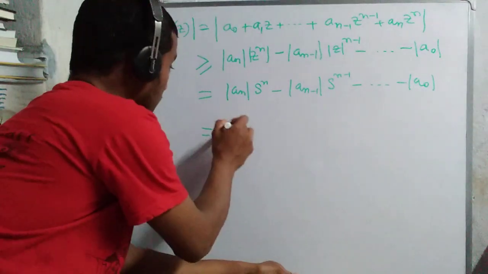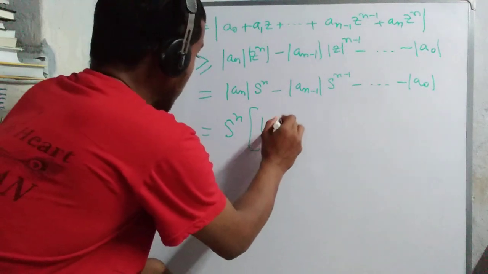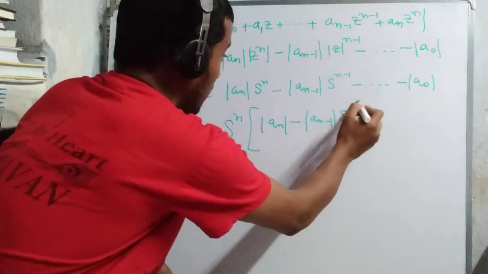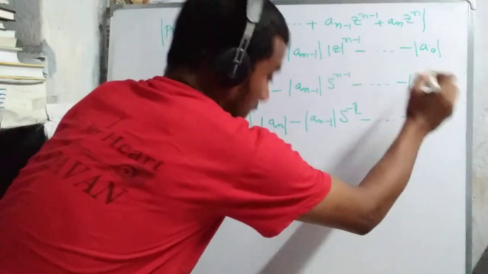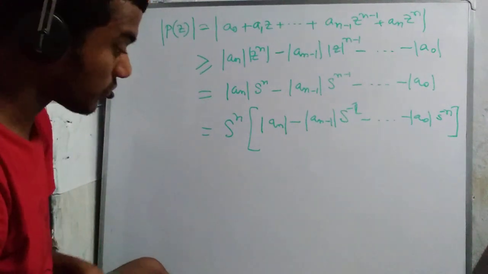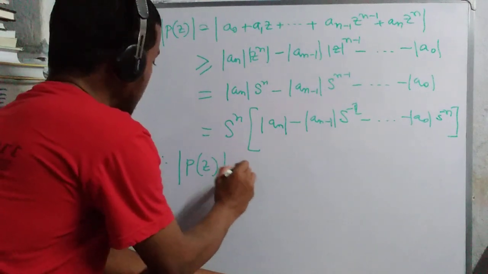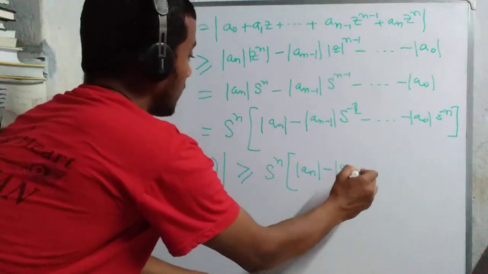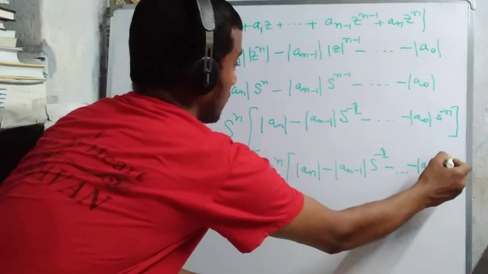Then taking s^n common, this is |a_n| minus |a_{n-1}| s^{-1} minus ... minus |a_0| s^{-n}. So we get |p(z)| greater than or equal to s^n times (|a_n| minus |a_{n-1}| s^{-1} minus ... minus |a_0| s^{-n}).